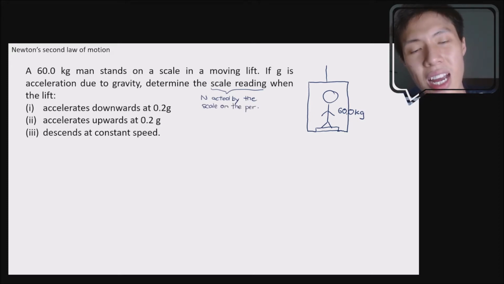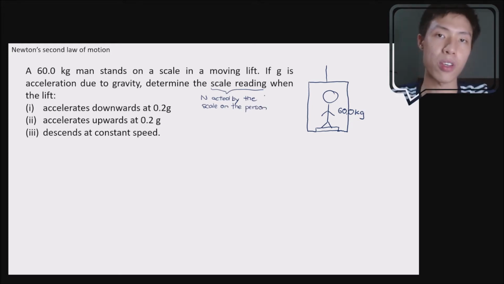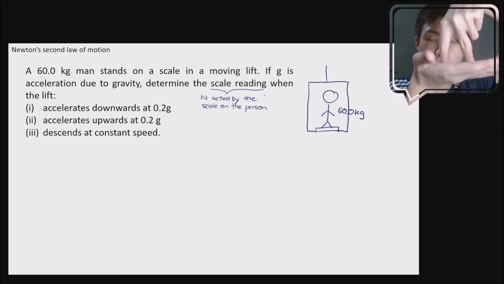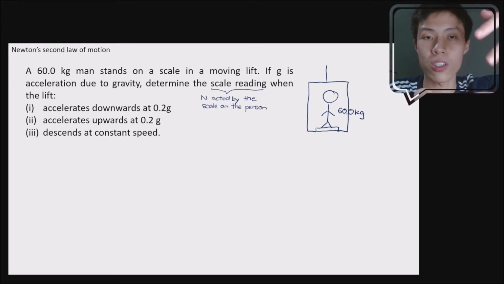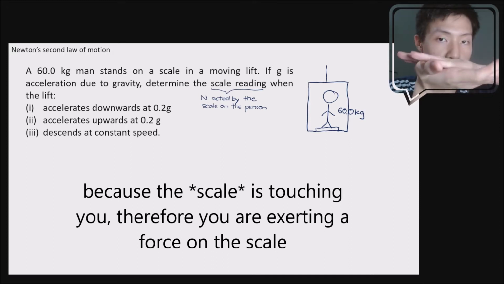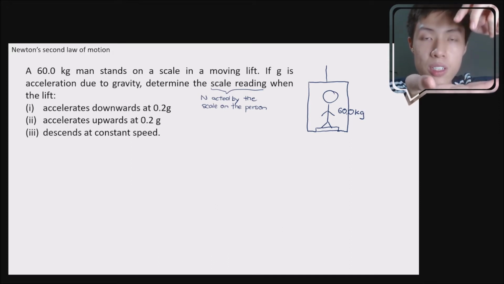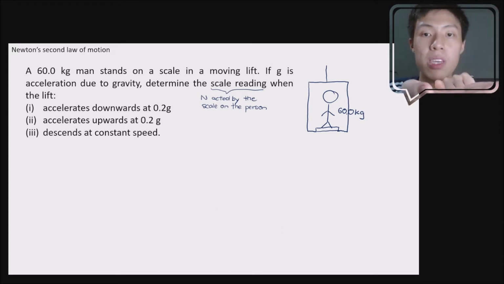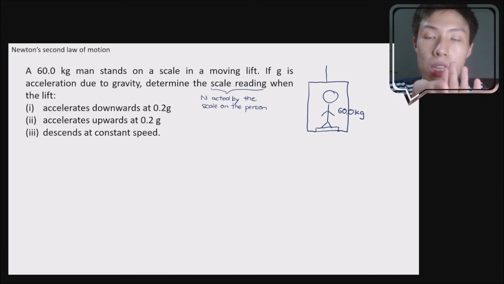Okay, so this is how a scale works. Because you have a scale, right? You step on the scale, you are exerting a force on the scale. So the amount of force that you exert on the scale will be equal to the normal force acted by the scale on the person.